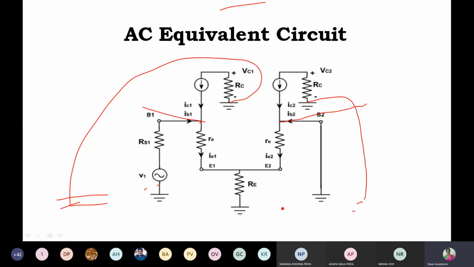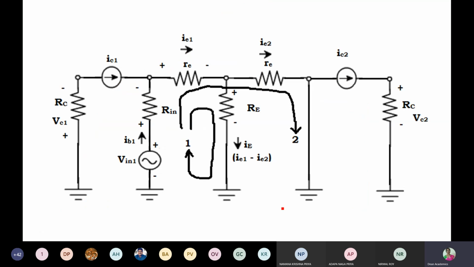You can see all the components like this. I just showed you RE as it is, and towards the right side RE, and when we pull the other points down like this, we get RC on this side, and the left side RE, and after that V in 1 and R in, and the other collector junction. I'll show the circuit once again.